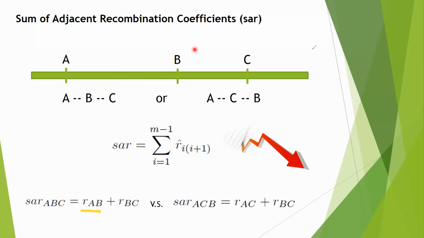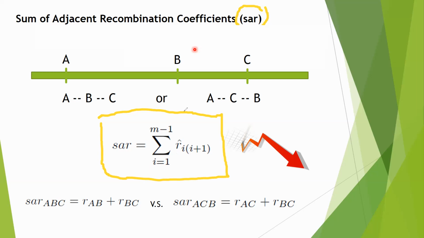This is the first tool that we can use to help construct the map: the sum of adjacent recombination coefficients. We call this SAR. If you look at your textbook, this is the definition of the SAR. So we make the summation.